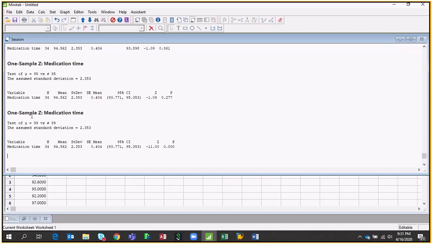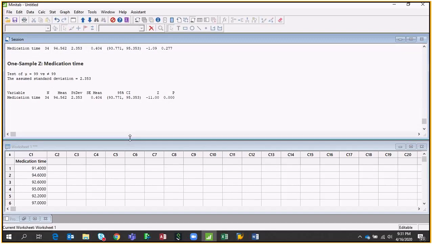So when you reject the null hypothesis, you will say the average medication time is not equal to 99. So in an indirect way, you can also check whether you are right or wrong in your hypothesized value just by your confidence interval. So that's why this confidence interval is really important. And I hope you like this video and I hope you understood.